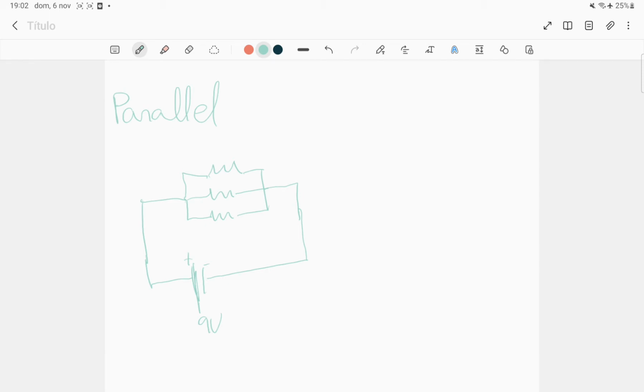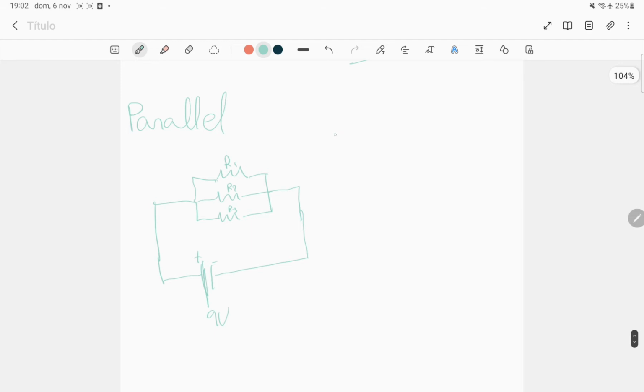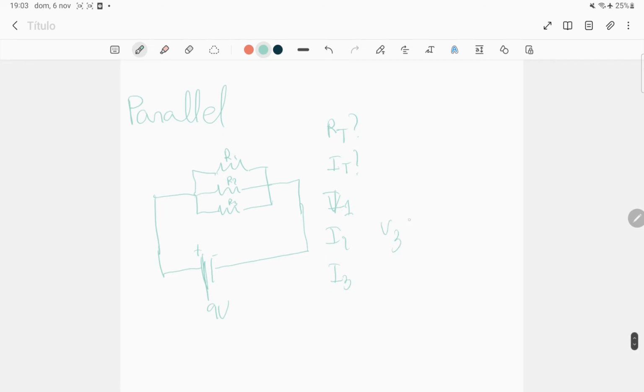So R1, R2, R3. Okay. And they are asking me for RT, IT, I1, I2, I3, and V3, for example.